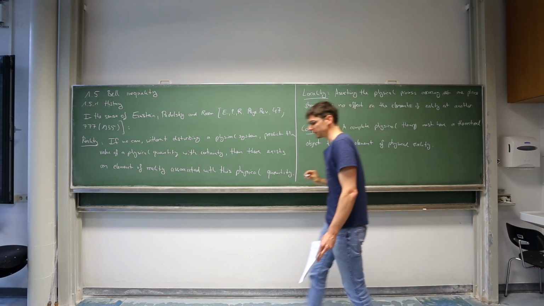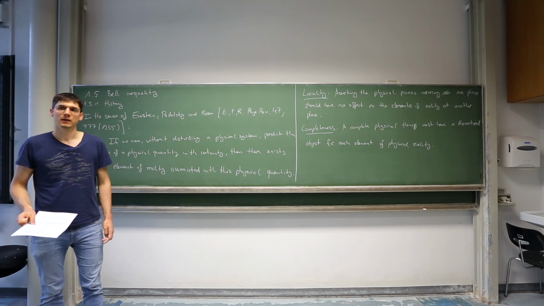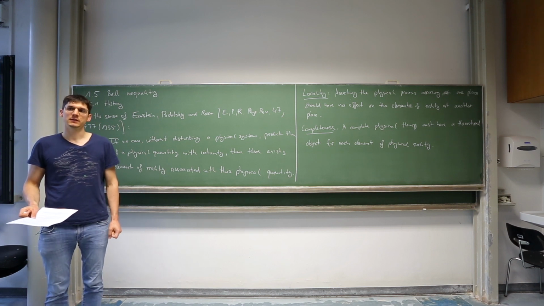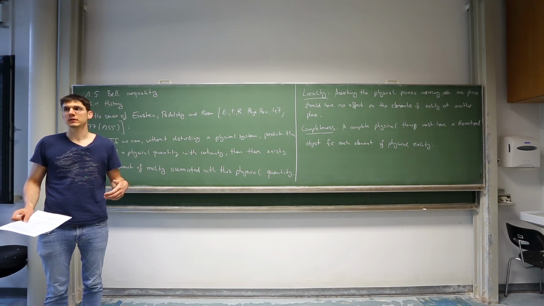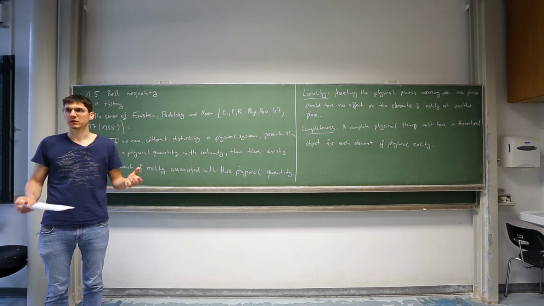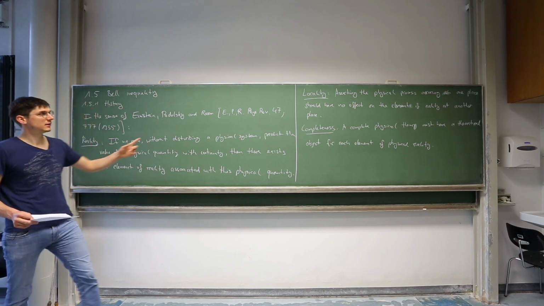Okay, now with this we can understand why Einstein, Podolsky, and Rosen suggested that we would have to include hidden variables. Considering such an entangled state, they found that something is wrong: this does not satisfy reality and locality.